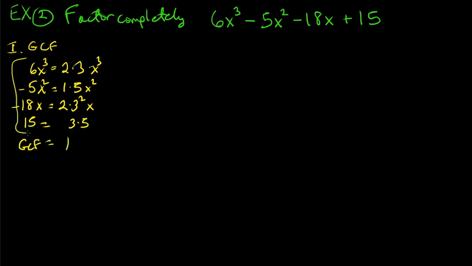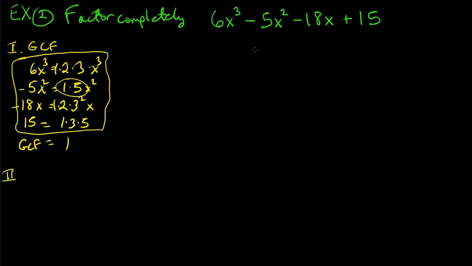All 4 of these have nothing in common other than the 1, and I'll have that invisible 1 there. There's no 2 that's a factor of 5, and it's not a factor of 15 either. 3 is not a factor of 5, and 5 is not a factor of 6. So all 4 of these only have the 1 in common. So GCF is 1. That means we go on to the next step.